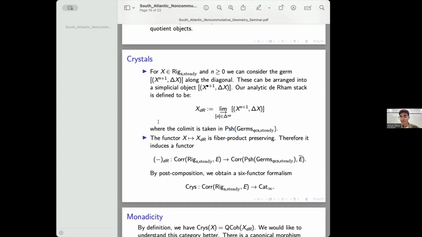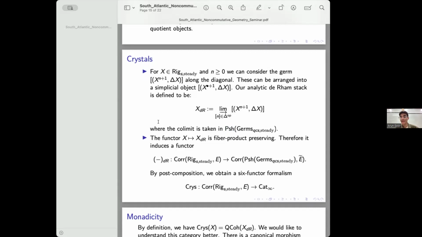So let me ask something. Say you have a ring, an algebra, right? And then you can form a co-simplicial object where in the nth term you have the n plus 1 fold tensor product.